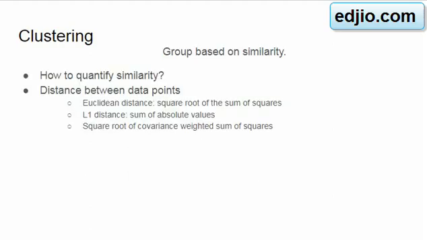Let's understand clustering before we go into the K-means algorithm. First thing, you have to quantify the similarity. You have data points and you have to quantify the similarity, and you find out, okay, these are the data points which belong to this cluster. So how do you find the similarity? You find the distance between data points.